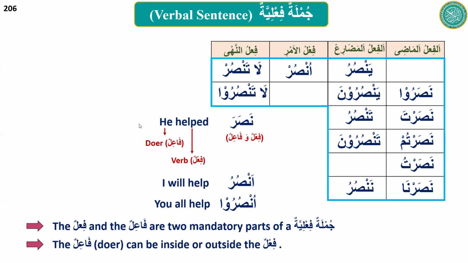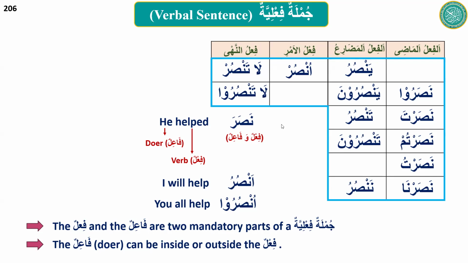So in these three examples here, Nasara, Ansuru, Unsuru, can Unsuru have an outside doer? No. Can Unsuru have an outside doer? No. How about Nasara? Can Nasara have an outside doer? Yes. Why? Because the inside doer is he.